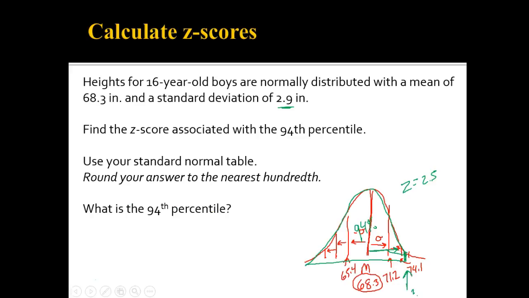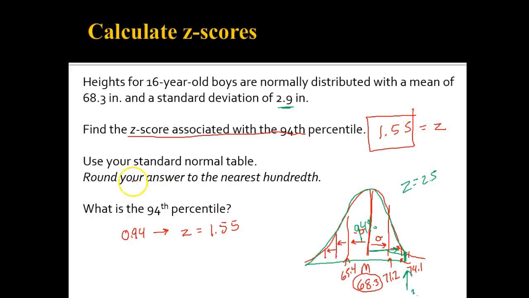Now, I know you're all just completely amazed by that. I found the z-score for our 94th percentile. It wasn't exactly 0.94, and we found that it represents a z-score of 1.55. What's the z-score associated with the 94th percentile? 1.55. There it is.